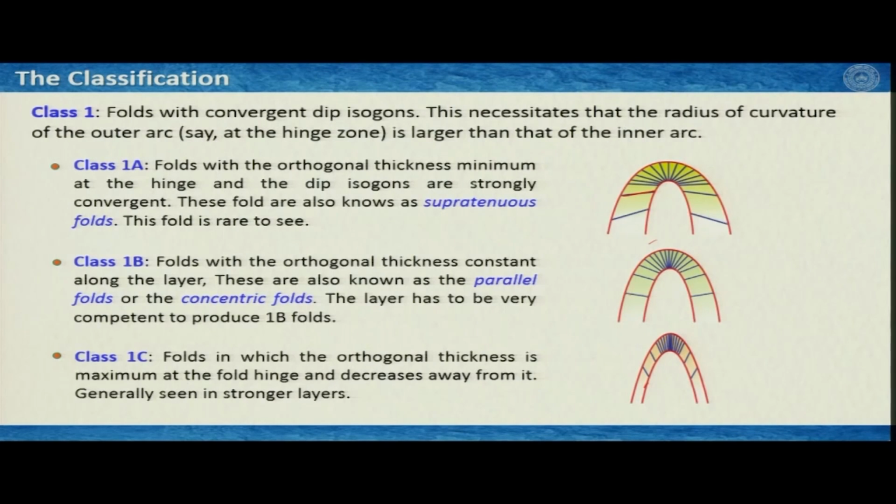So, if the layer is extremely strong compared to the surrounding layers, then we see class 1B folds. Class 1C folds we generally see in stronger layers, which is very close to class 1B, but it is different in the fact that the orthogonal thickness slowly reduces towards the limb side.